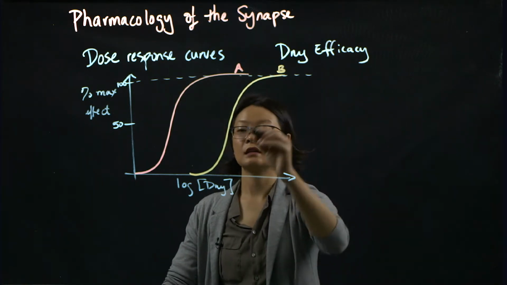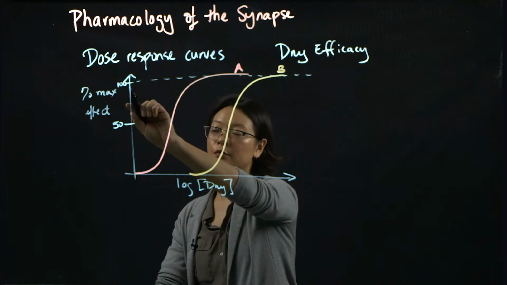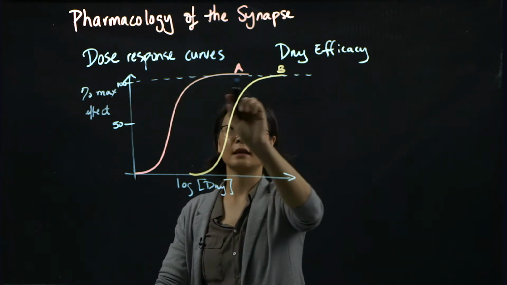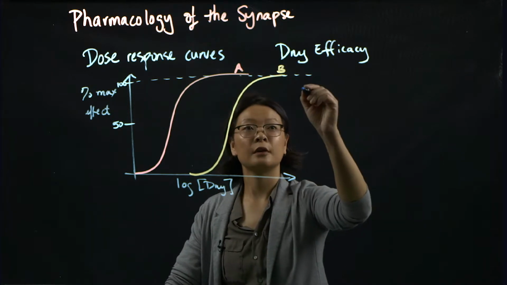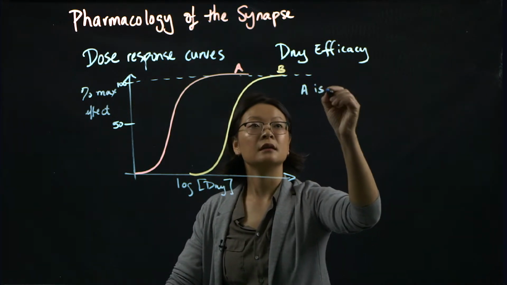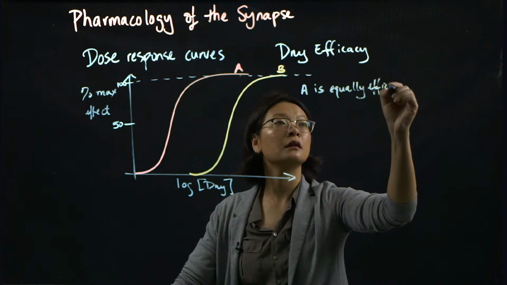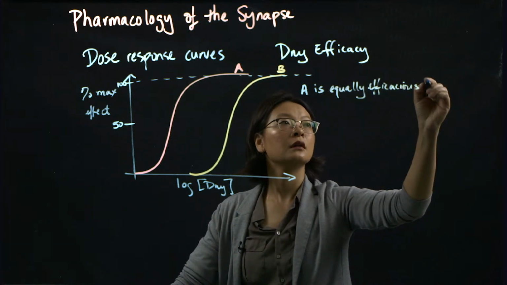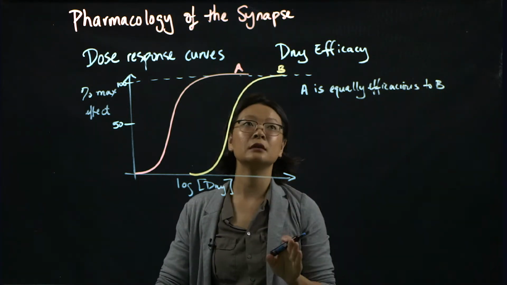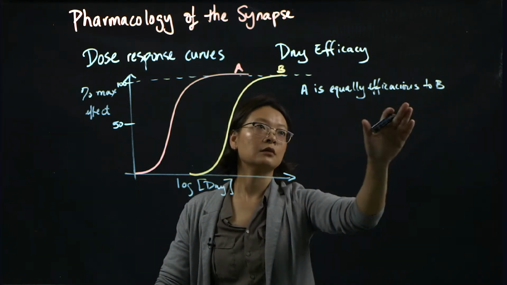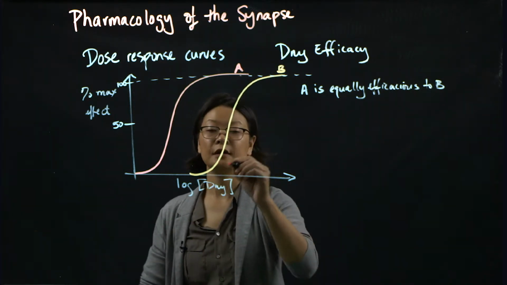So in this case, both drug A and B produce 100%, or they come to an asymptote of 100, drug efficacy. The concept here is that drug A and drug B have equal efficacy. So they're equally efficacious.